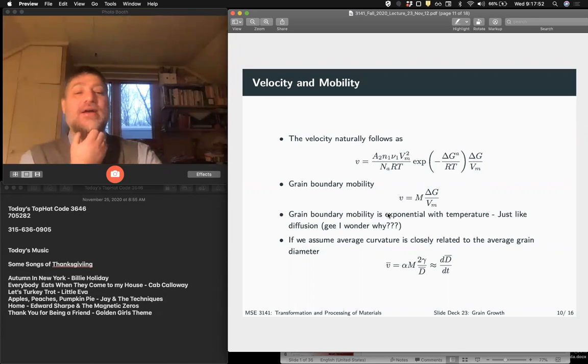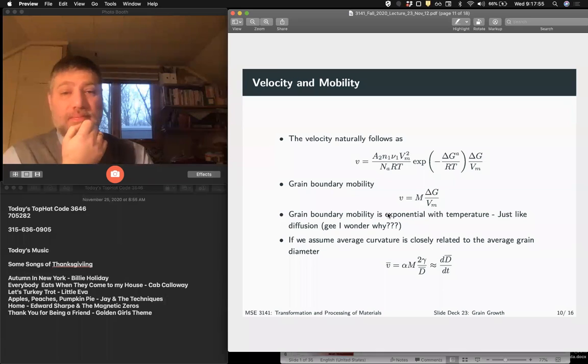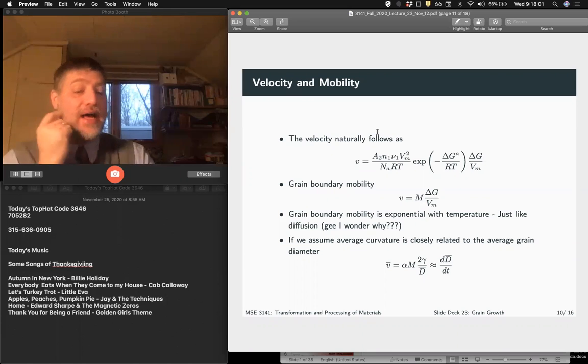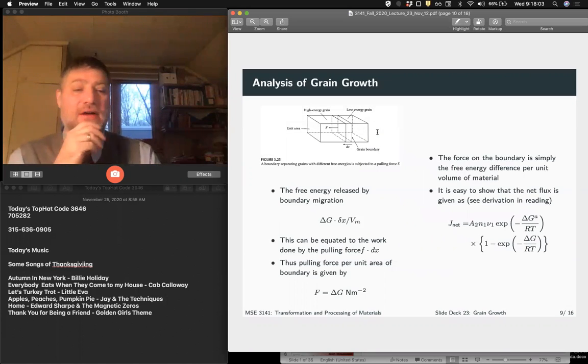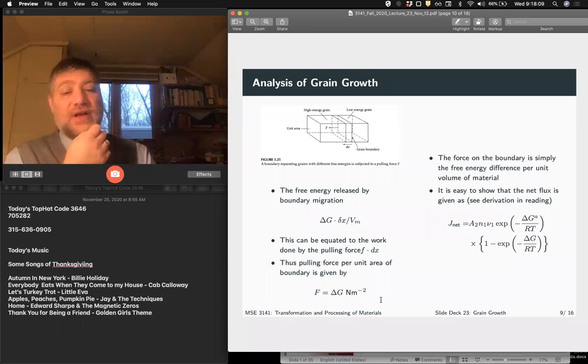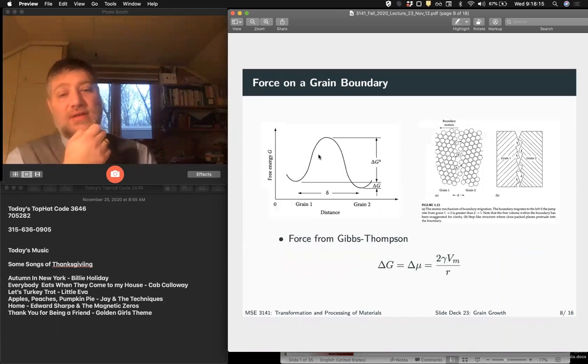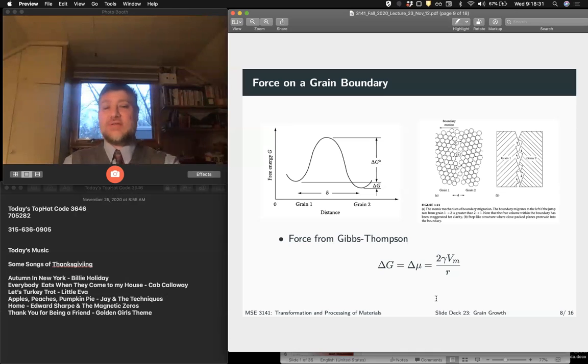Okay, well, anyway, we talked about velocity of the interface and the grain boundary mobility, right? The driving force is just the change in free energy. We have a net flux from one side of the interface to the other that's given by the Gibbs free energy curve. And of course, this change in energy from one side of the interface to the other is given by curvature of the grain boundary, which goes back to our good old friend Gibbs-Thomson, right?